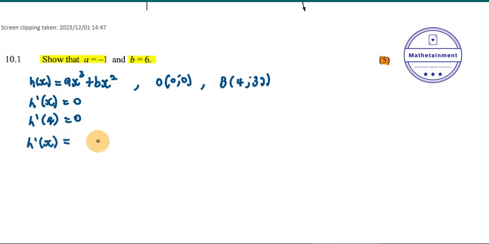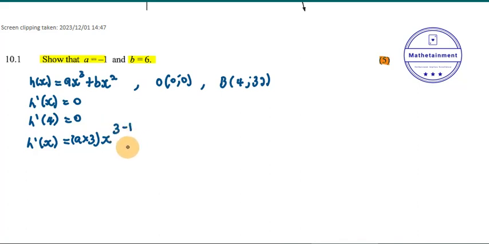What are the rules of differentiation? You multiply the coefficient of x by the exponent, and then you reduce the exponent by 1. So the coefficient of x cubed here is a, so I have a times 3, and x to the power 3 minus 1.